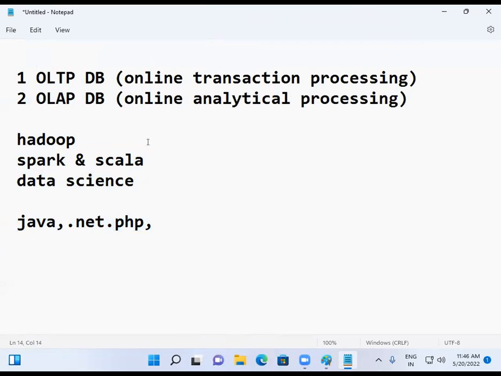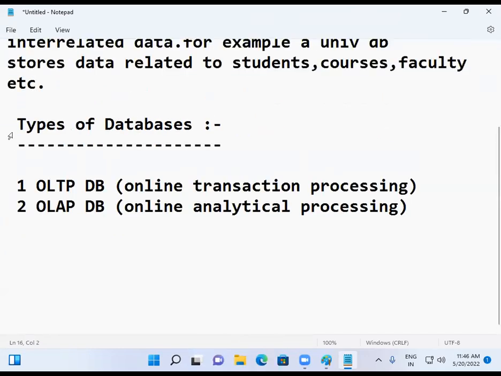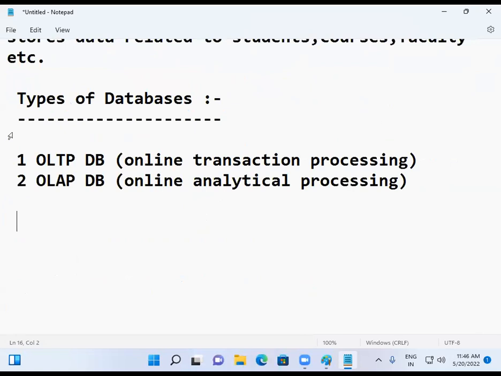Sir, okay? Understood that. Now tell me, what is SQL Server? SQL Server is used for which purpose?